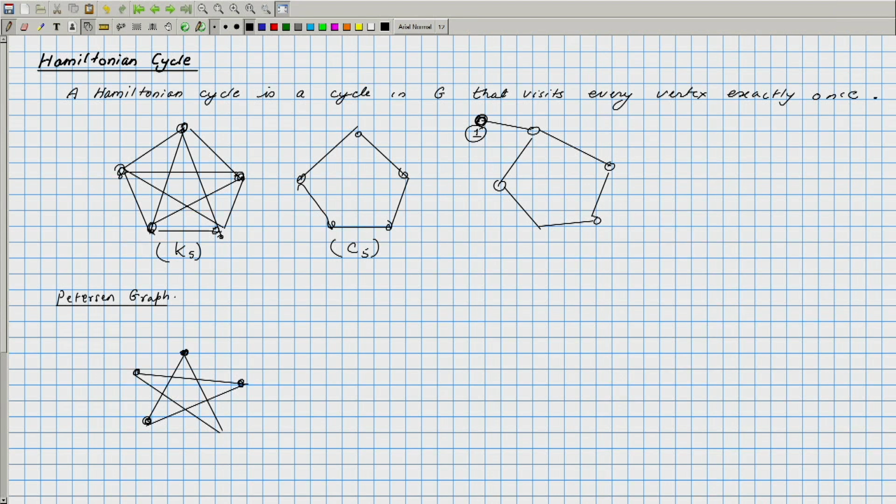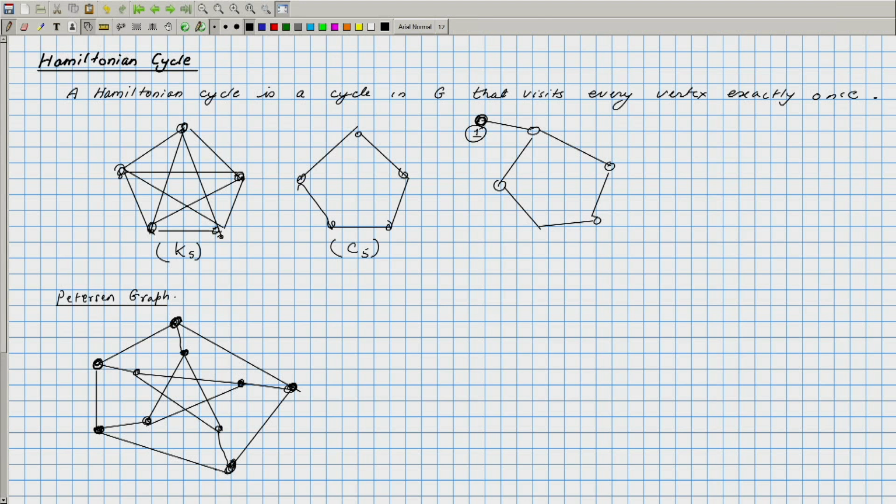This is a graph on 10 vertices, 10 vertices and 15 edges, and we want to know whether this graph contains a Hamiltonian cycle.